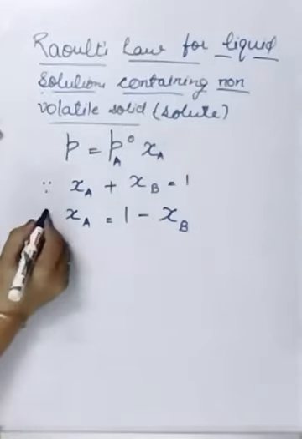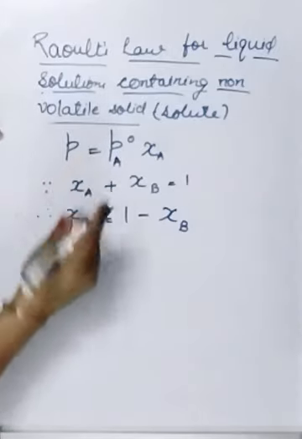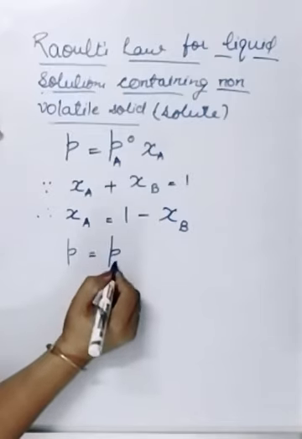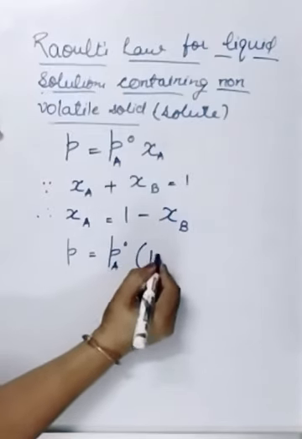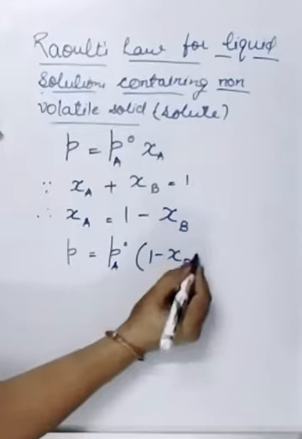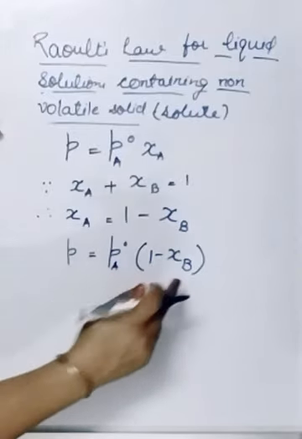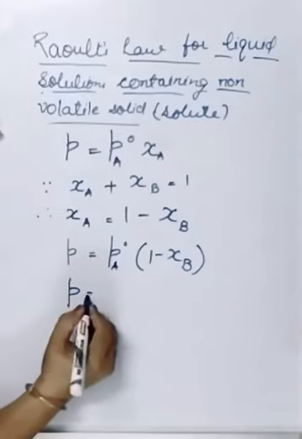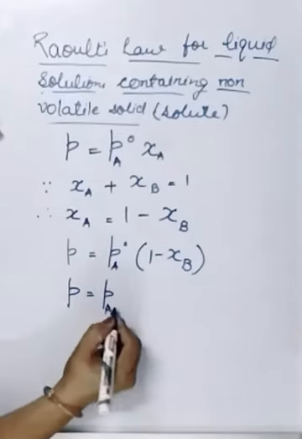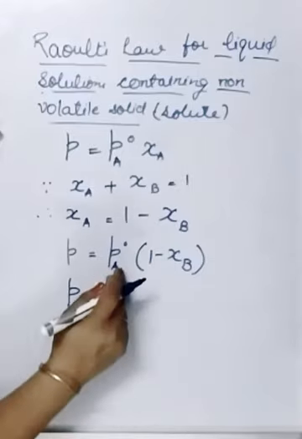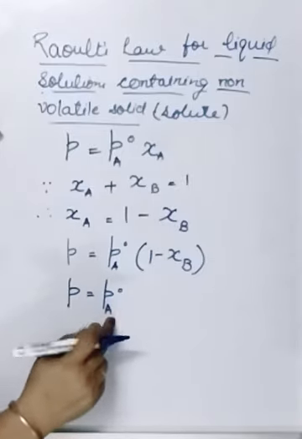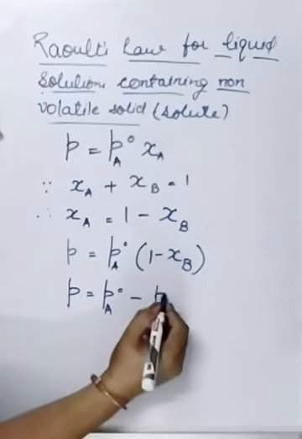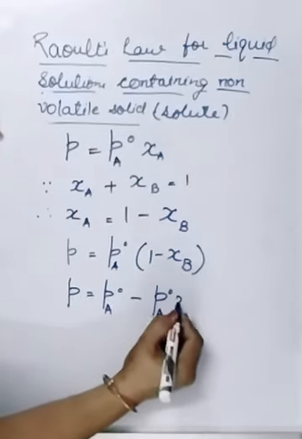On putting this value in this expression of P, PA naught times (1 minus XB). Multiply this PA naught with the expression in the bracket. P equals PA naught multiplied by 1, this will be PA naught, minus PA naught multiplied with XB, this will be PA naught XB.